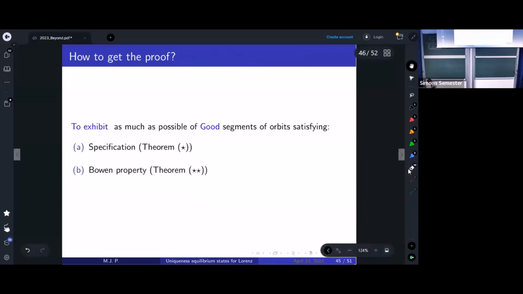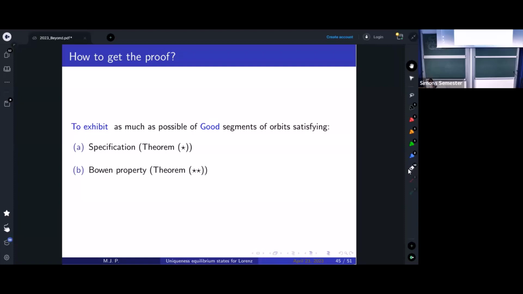And how to get the proof? You see that you can prove that the classical Lorenz satisfies those two conditions, and then it has a unique measure of maximal entropy. And now, how to prove it: we have to exhibit as much as possible of the good segments, satisfying the specification. There is the first theorem that I announced, and the Bowen property.